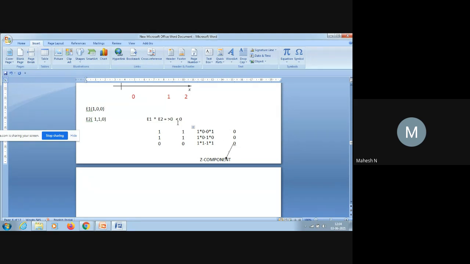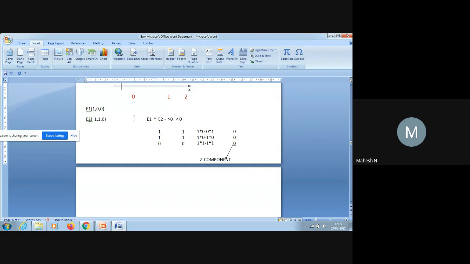If it is greater than 0, then the cross product between the two edges is positive. If the z component is less than 0, then the cross product between the two edges is less than 0.